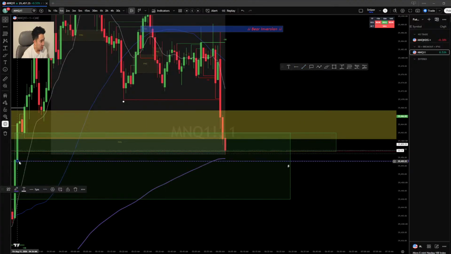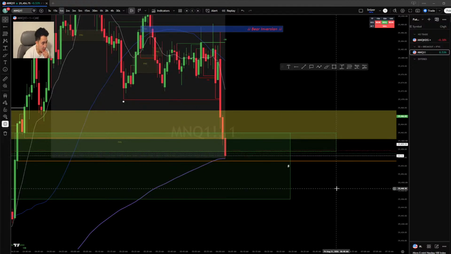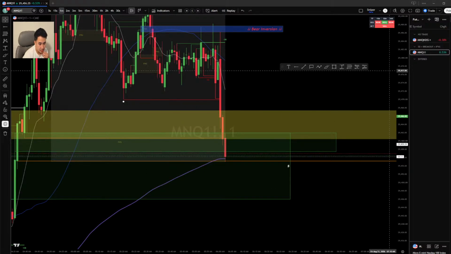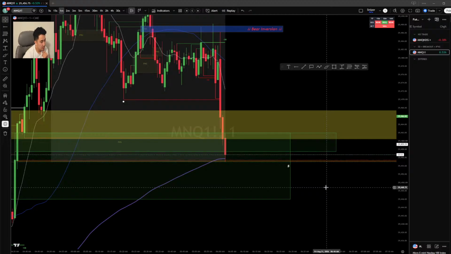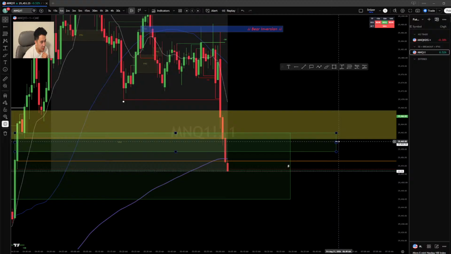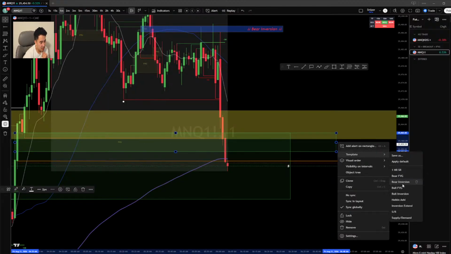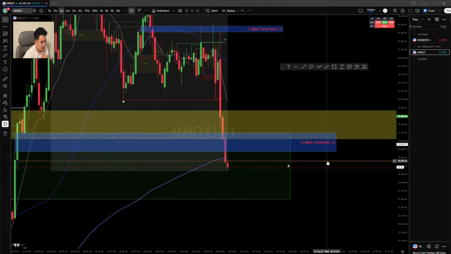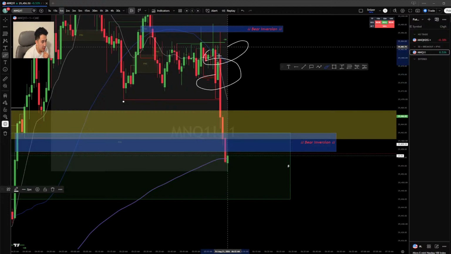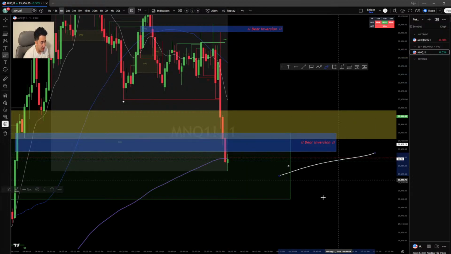This here is a candle body low that created this bullish FVG here. Close below it, so this would be a strong bearish inversion zone to take a short off of, and still trading below the 13 and 50 SMA. The only thing is we have this 5 minute gap right here.